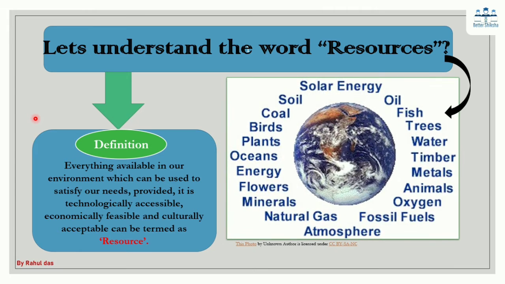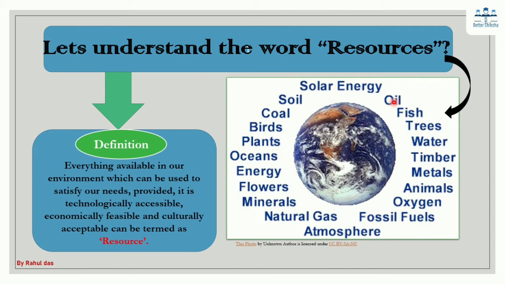So this is our blue planet. You can see the various resources. At the top there is solar energy, then oil, then fish, then trees and water, timber, metal, oxygen, the whole atmosphere, natural gas, fossil fuel, flowers, minerals, oceans, plants, birds, coal, soil.